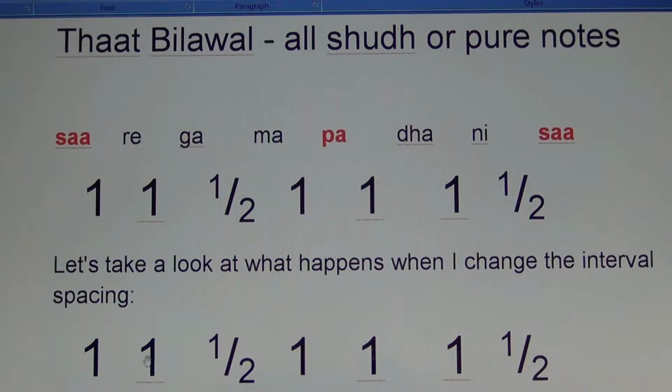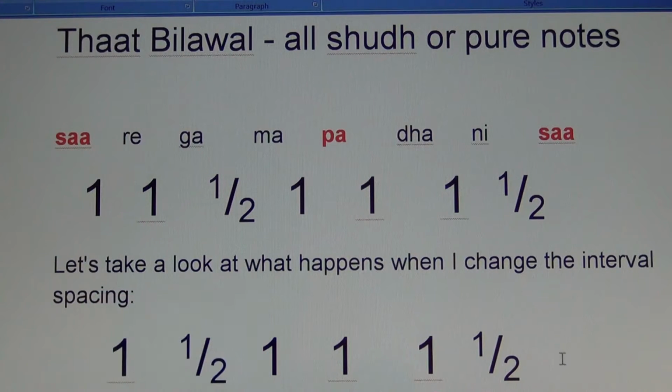Now, in our prior lesson, we removed this first note here, and we added that note back at the end, and we said that was the interval spacing of Thaat Kafi. So Thaat Kafi is this.